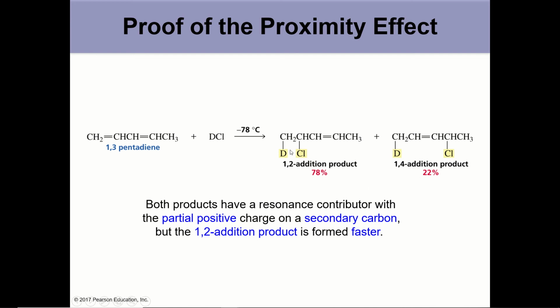So when the cations are equal, the 1,2 product is still formed faster, and it has nothing to do with having a partial positive charge on a secondary carbon. It has to do with the proximity of chloride to carbon 2 once the hydrogen or deuterium bonds at carbon 1.